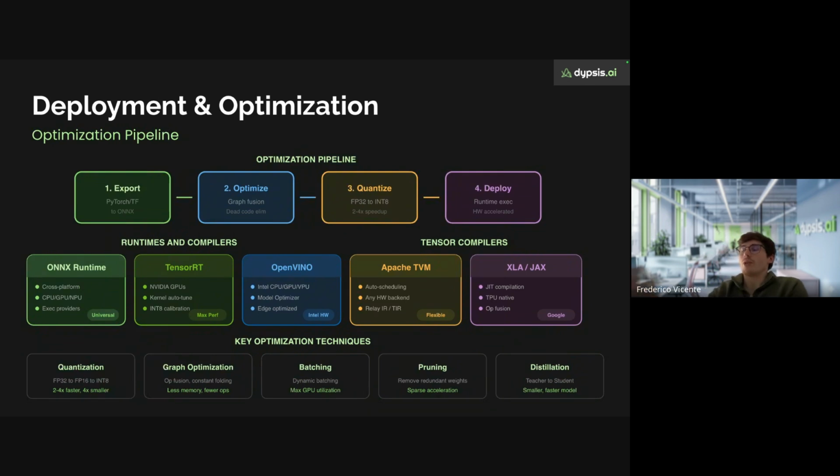So more holistically, talking about the pipeline, taking into consideration everything I was telling you: normally the first step is to export the model into some kind of standard. Then you might optimize it for bigger speeds.